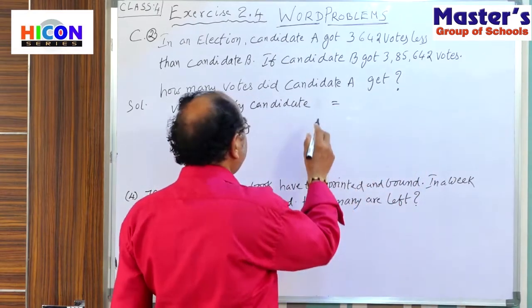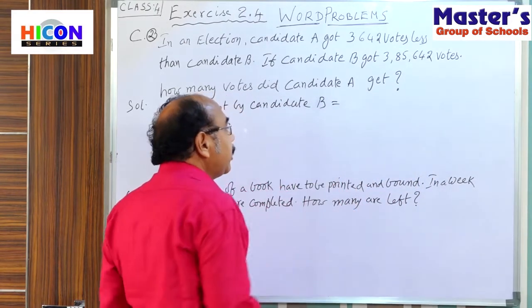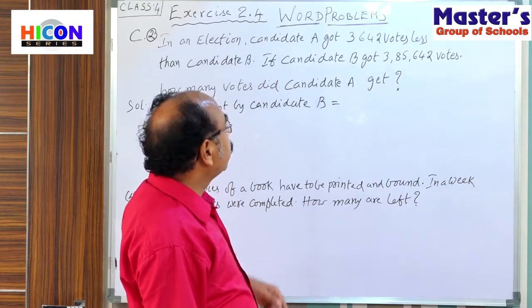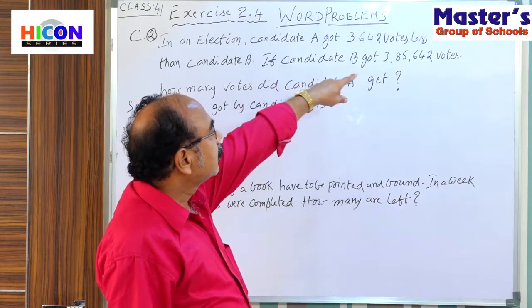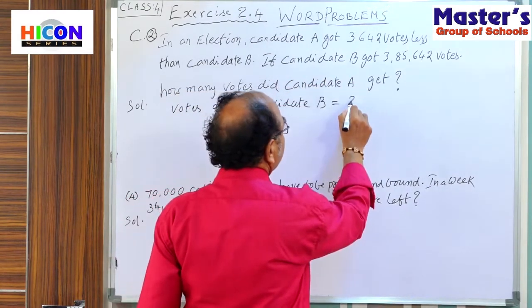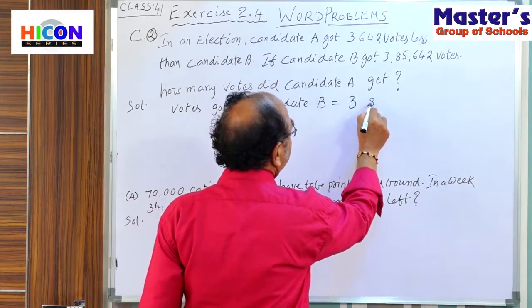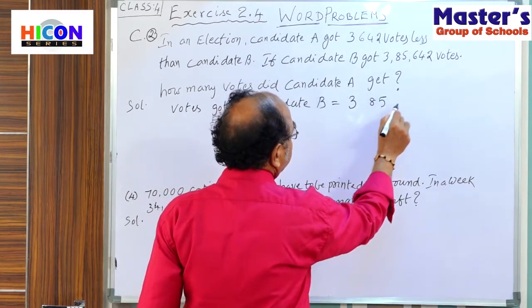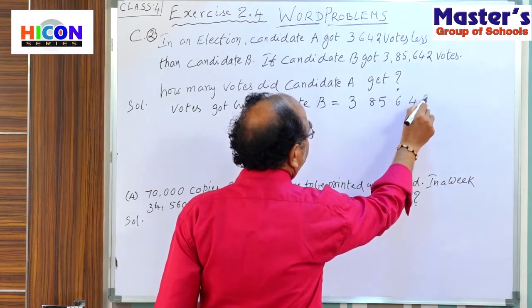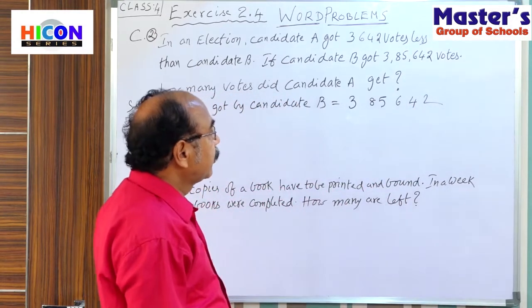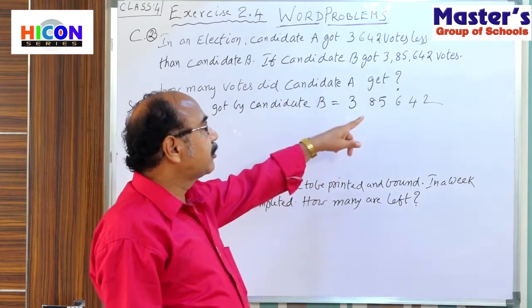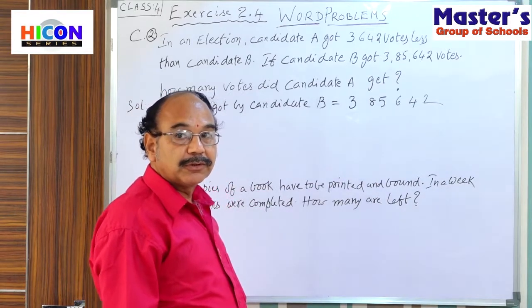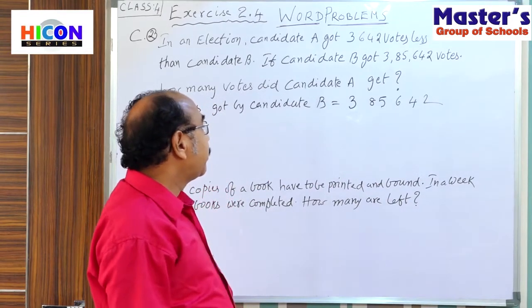Votes got by candidate B. How many votes secured by B here? 3,85,642. Okay, 3,85,642 votes got by candidate B.